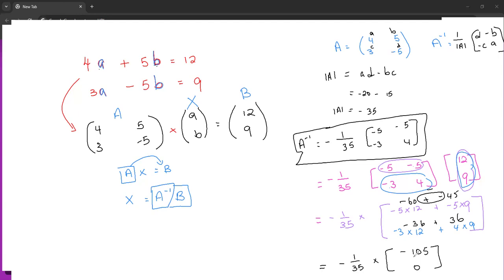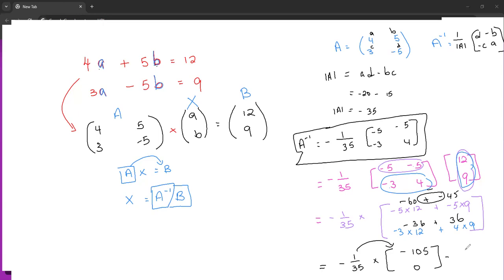So in this case, I could now multiply whatever is outside by everything inside of it. So I'll have 1 over 35 times negative 105.